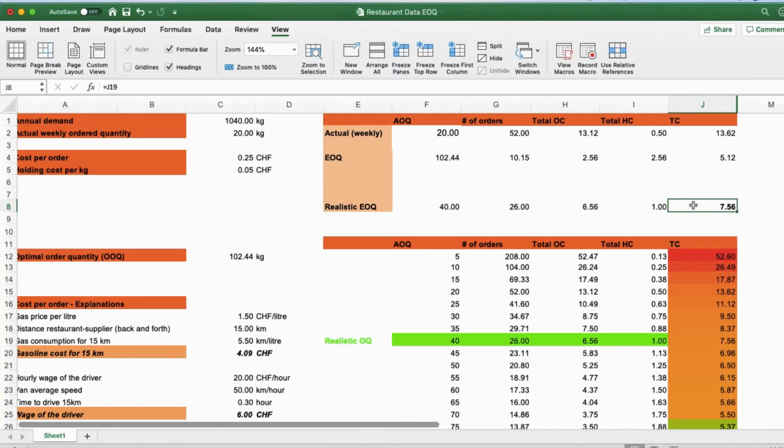To sum up, we could derive a credible solution for Mario, who wanted to reduce his total cost for lettuce, using the economic order quantity model. Taking into account that lettuce is a perishable good, he should order 40 kilograms of lettuce every 2 weeks to reduce his total cost while avoiding spoiling goods.